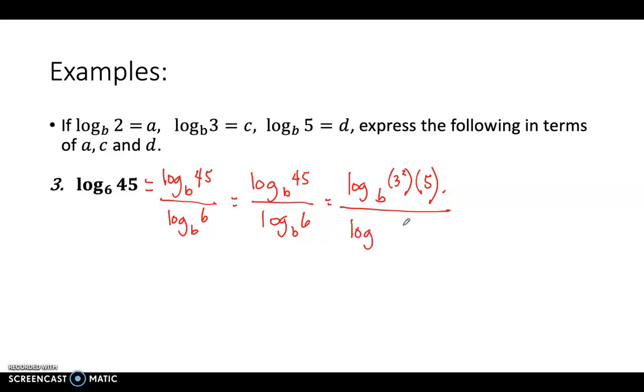Logarithm of 6 is simply equal to 3 times 2 base B.